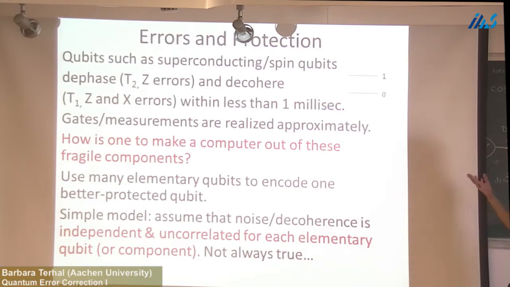There's no redundancy in them. With one single electron spin, they lose their state within, say, less than 1 millisecond. For superconducting qubits it is 100 microseconds.